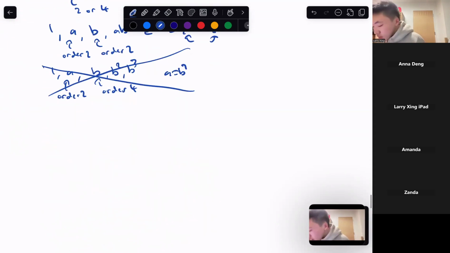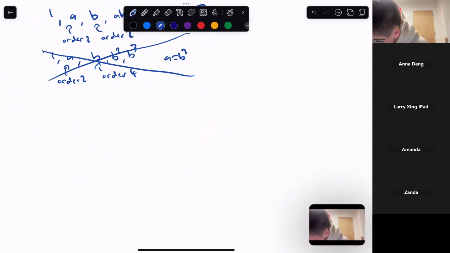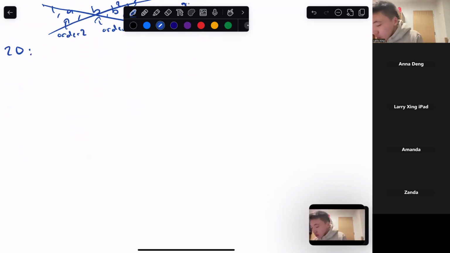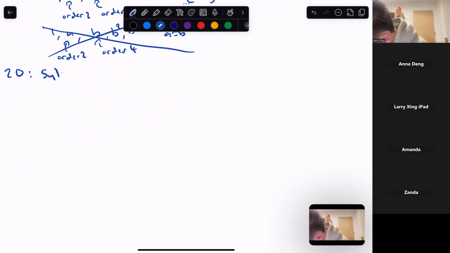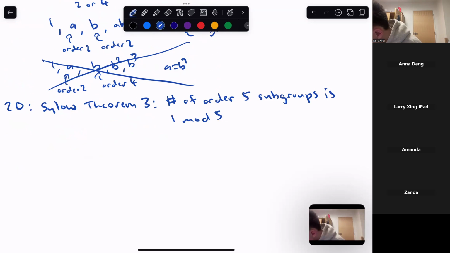So now with 4 out of the way, let's actually try a slightly more complicated case of, for example, 20. What groups of size 20 can exist? Well, from Sylow's third theorem, we know that the number of order 5 subgroups is 1 mod 5 and divides 4.